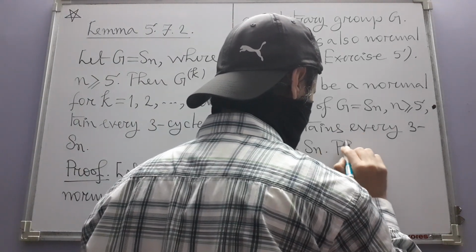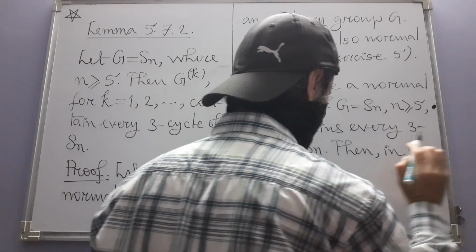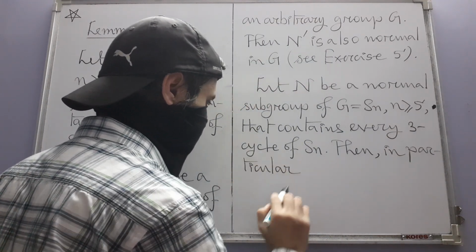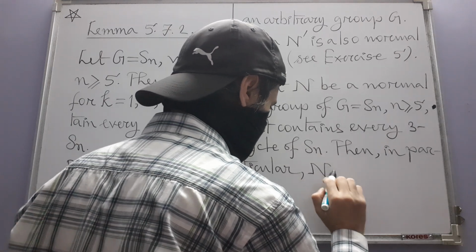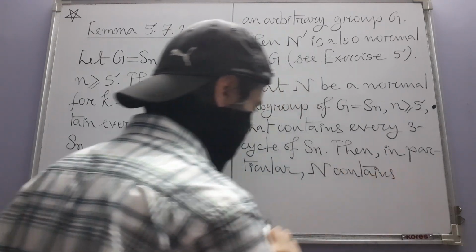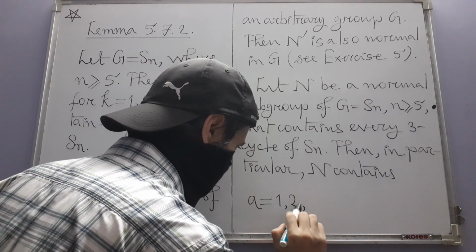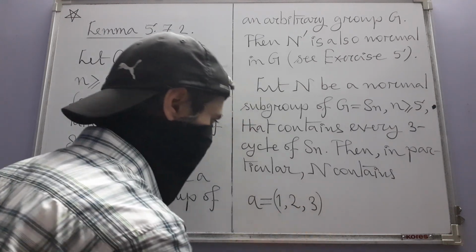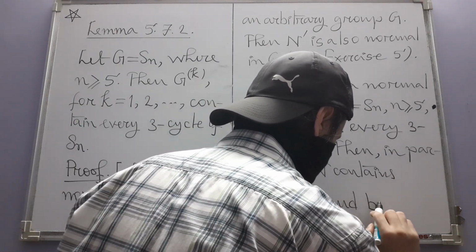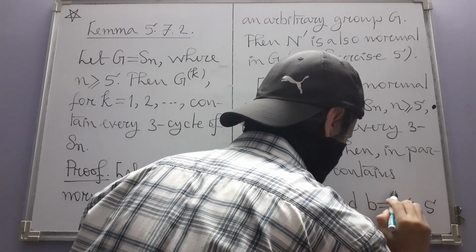Then in particular, n contains this 3 cycle A, (1 2 3), and this 3 cycle B, (1 4 5).